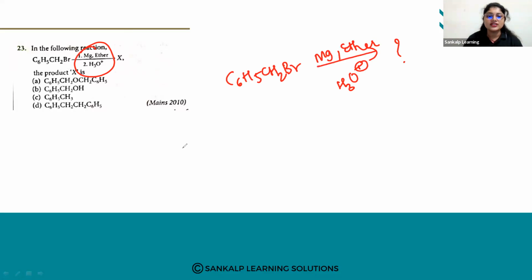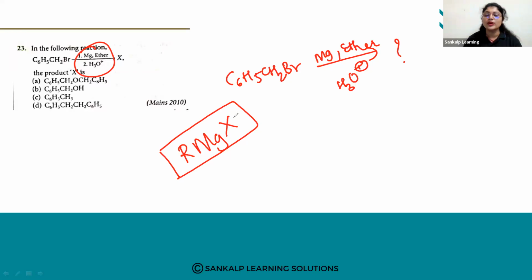Grignard reagent has the formula RMgX. They are organometallic compounds, or organometallic halides. We'll see this reaction, then you'll come to know.